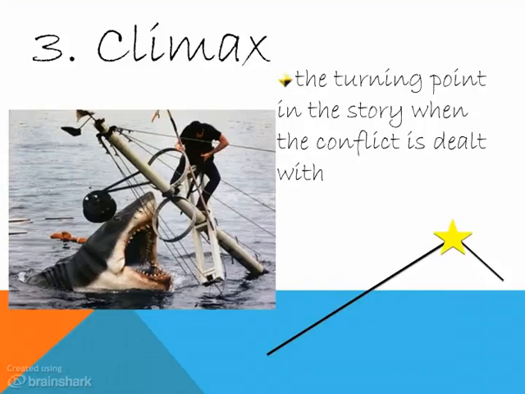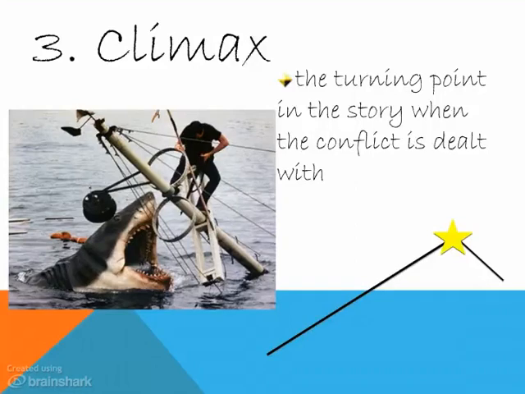It is the turning point in the story when the conflict is dealt with. So when the character finally has to deal with that conflict. And it's not always when the conflict is solved, because sometimes we have stories where the problem isn't solved. The characters don't end up happily ever after. Sometimes they do. But during this part, the peak of the storyline is the climax.